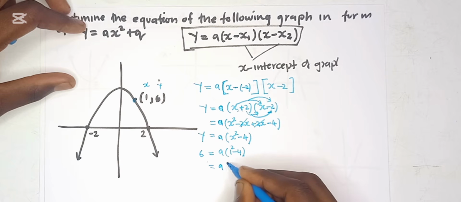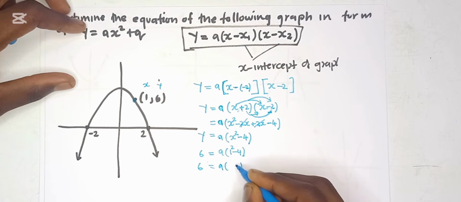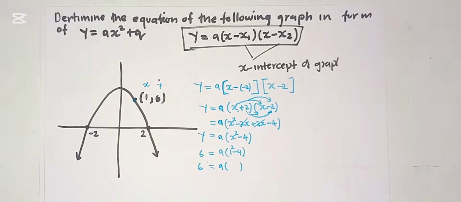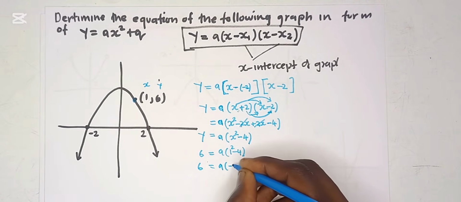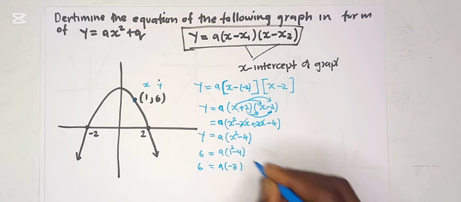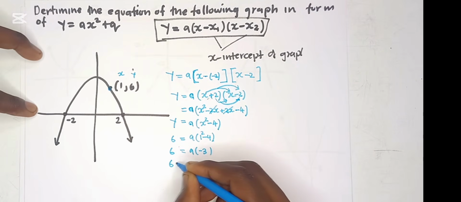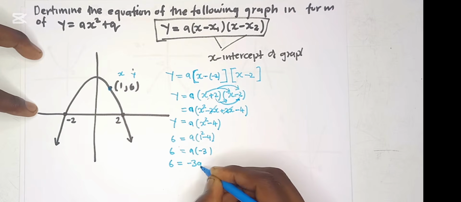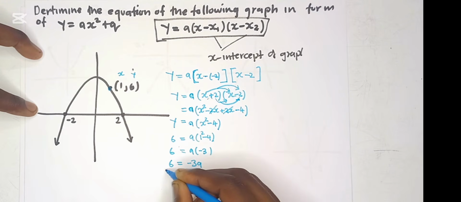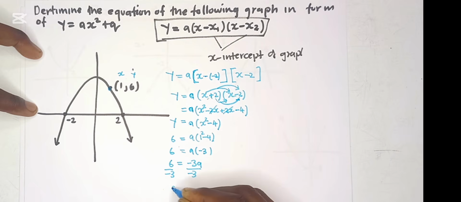If you work this out, you get 6 equals a times negative 3. 1 squared minus 4 gives you negative 3. So this is the same as negative 3a. Then I'm going to divide both sides by negative 3, and our a is going to be equal to negative 2.